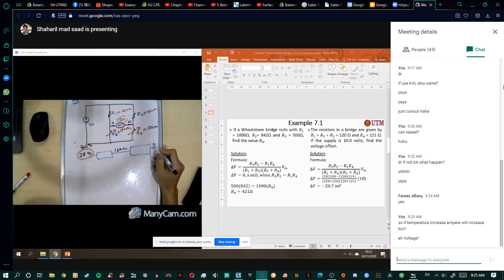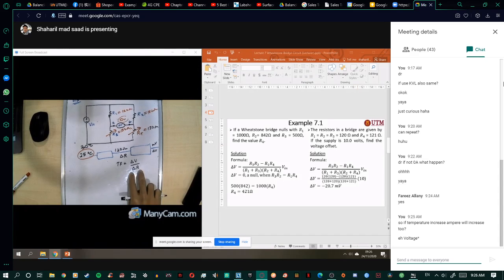The output will be in millivolts. So we can say that the input is the change of resistance of your transducer, and the output will be delta V. So the transfer function for the Wheatstone bridge is delta V over delta R. Delta R is the change.